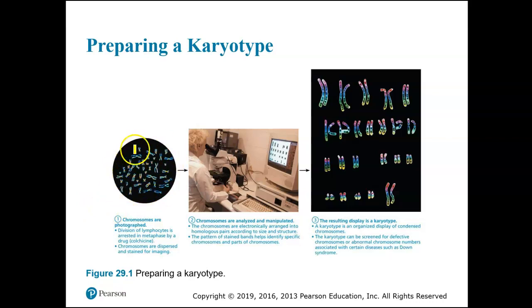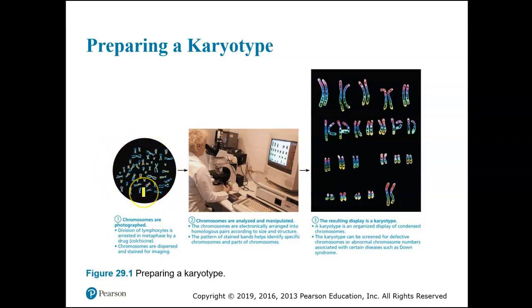The only time you see chromosomes is when that cell is going through mitosis, because the chromosomes are all spread out and they're in a form called chromatin when the cell is not dividing.